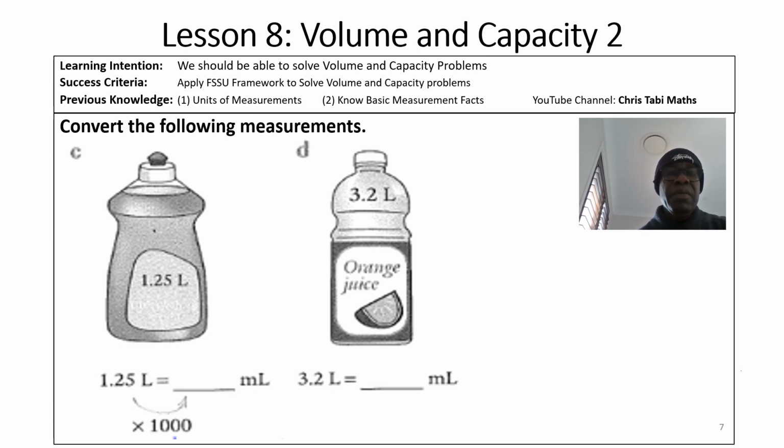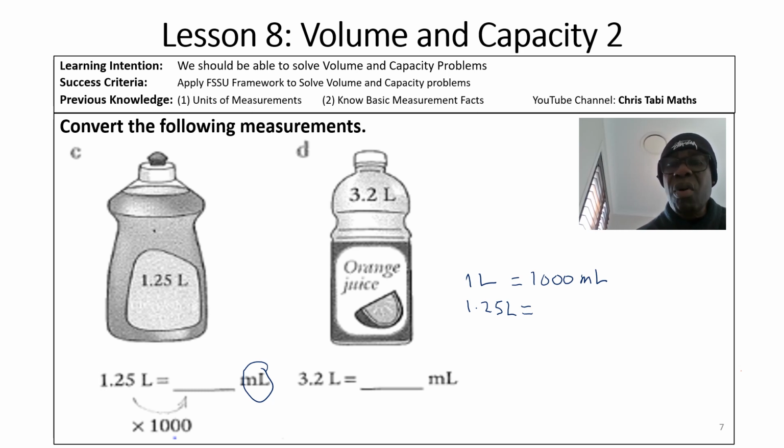Now, these basic home items, sometimes they are bigger than a liter. So this is 1.25 liters, and we want it in milliliters. You can have the same argument we had before. That is, 1 liter gives you 1,000 milliliters. So if I have 1.25 liters, then of course I'm going to get more of the milliliters.